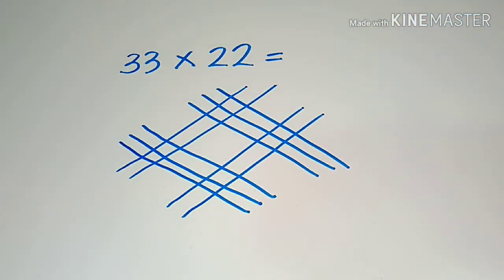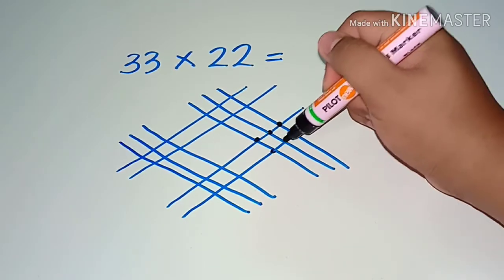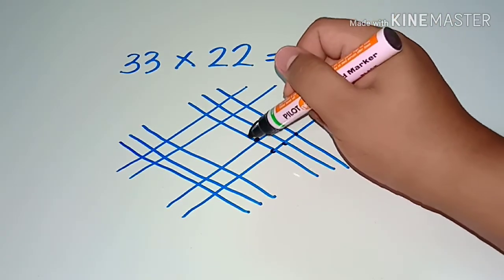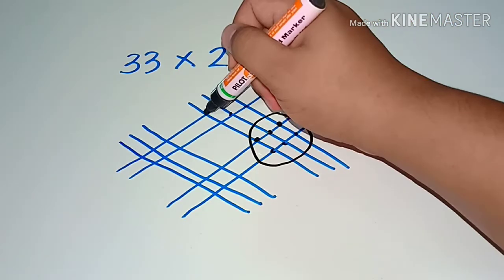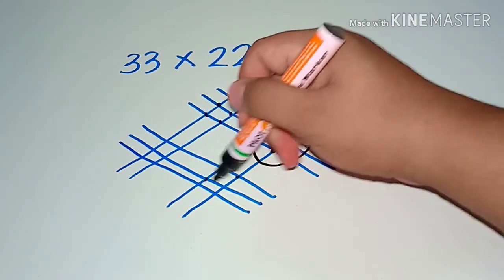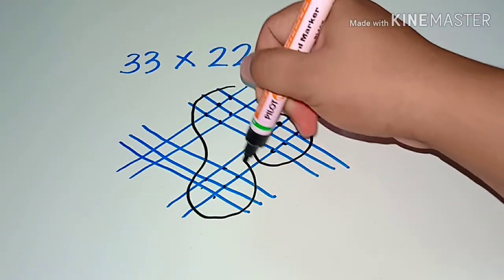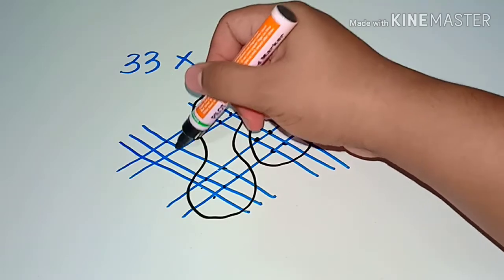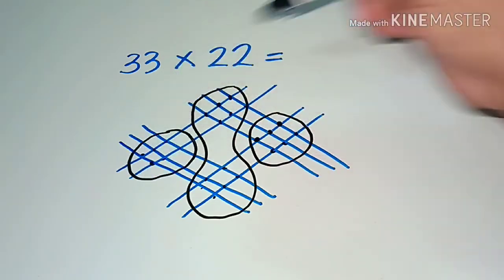And we just have to count the intersecting points there. 1, this one. So this will be our ones place for the answer. This one will be for our tens place. And finally, these points here will be our hundreds place.